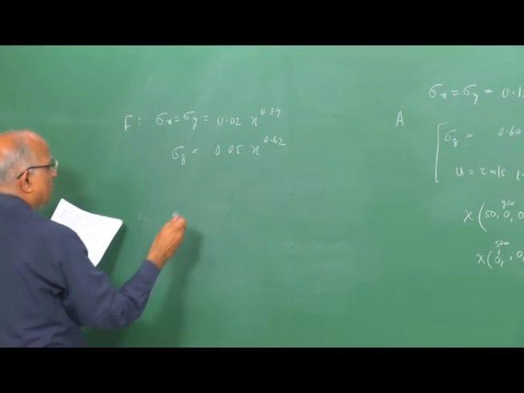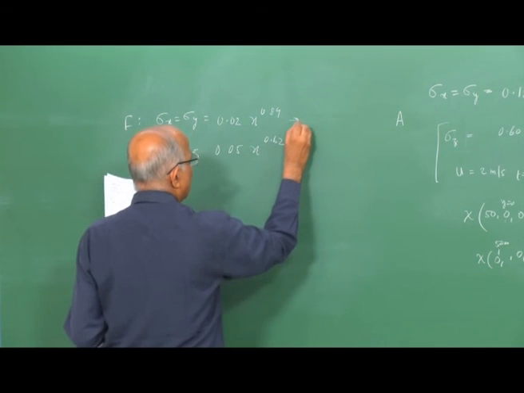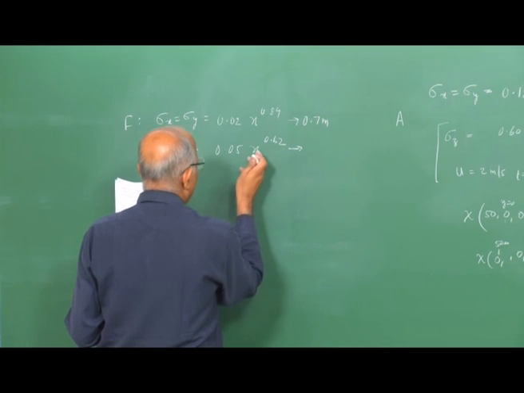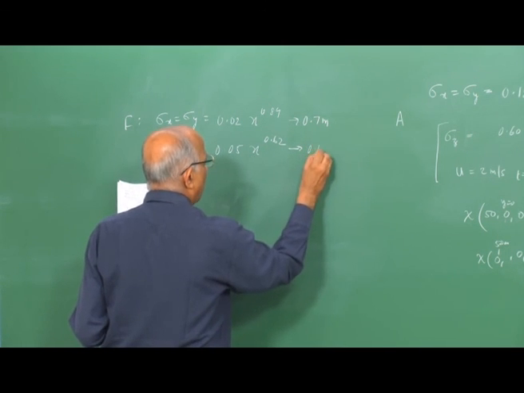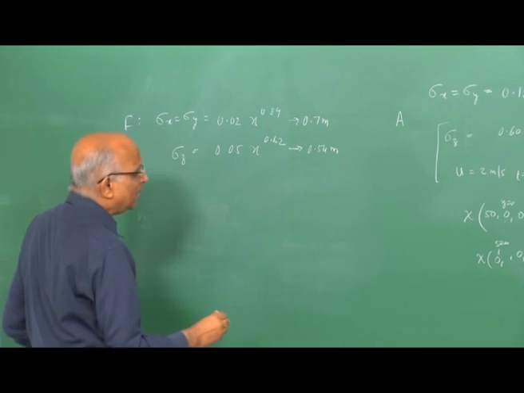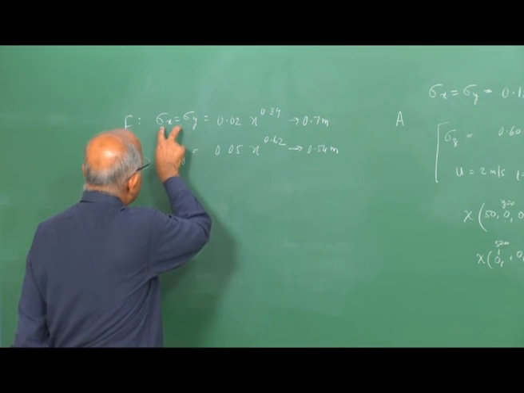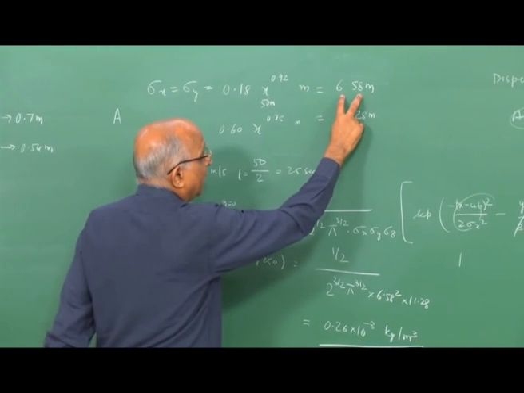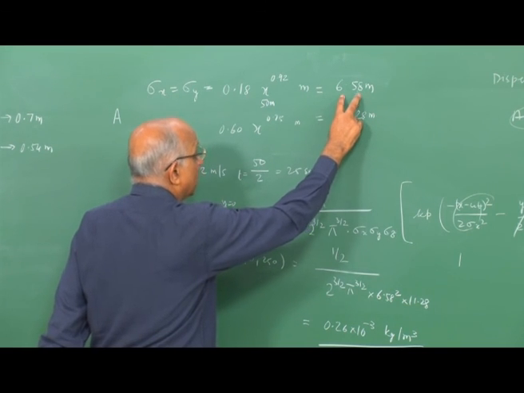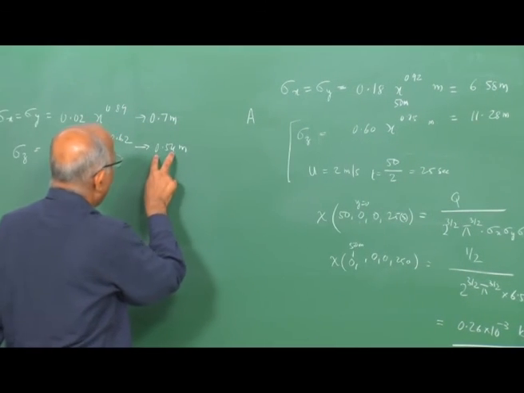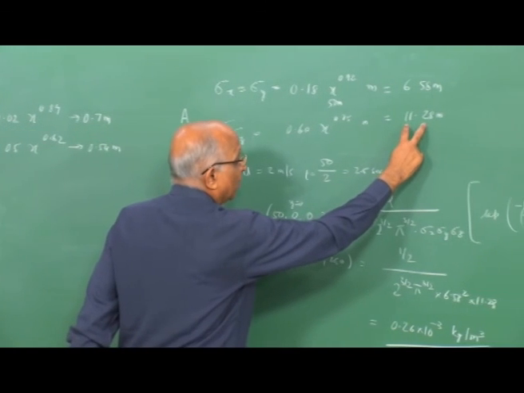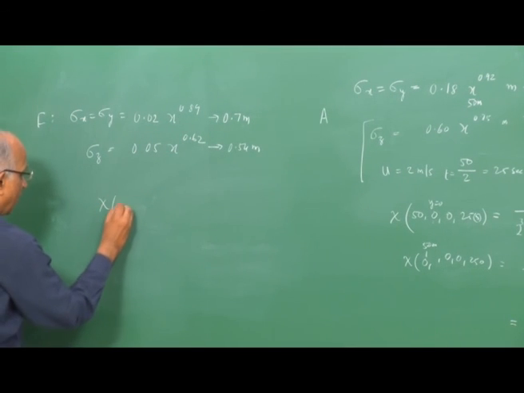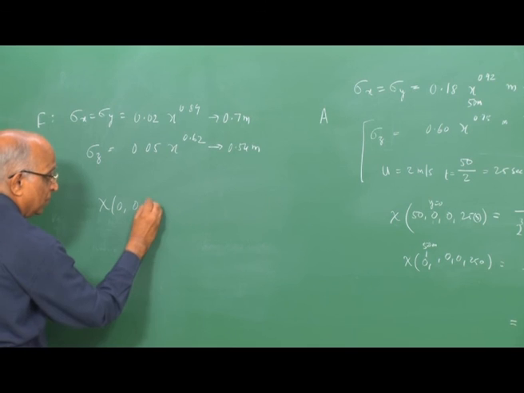For x is equal to 50 meters, I get this as equal to 0.7 meters, and for sigma z at x is equal to 50 meters, this gives me 0.54 meters. Therefore, immediately you see that for condition F, the dispersion coefficient is only 0.7 meters, whereas for the condition A, it was 6.58, that is around 1/10 of the magnitude. Similarly, here it is 0.54 meters. For condition A, it was 11.28, that is around 1/20th.